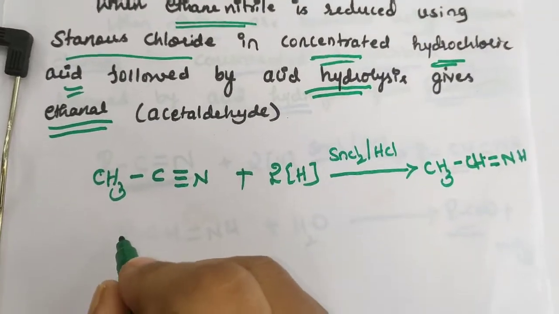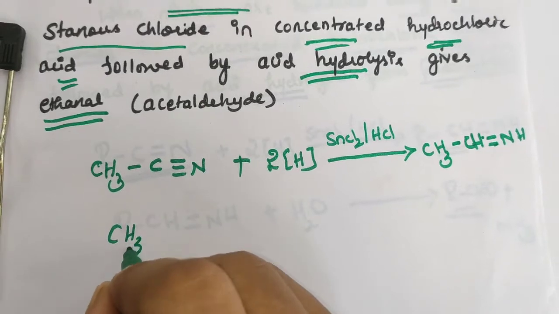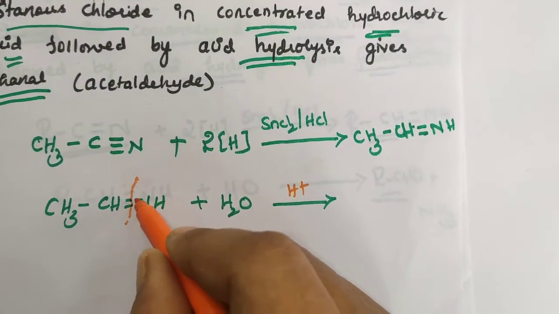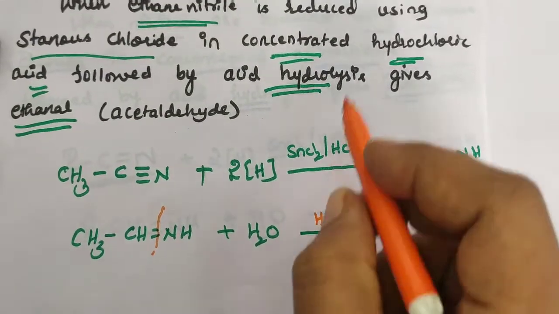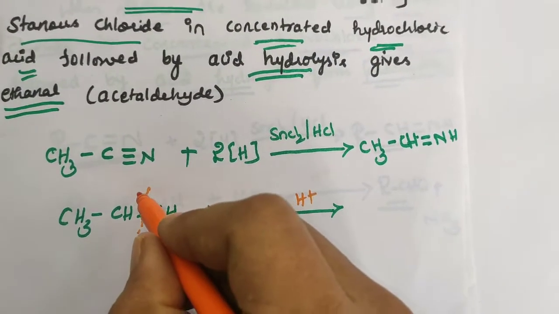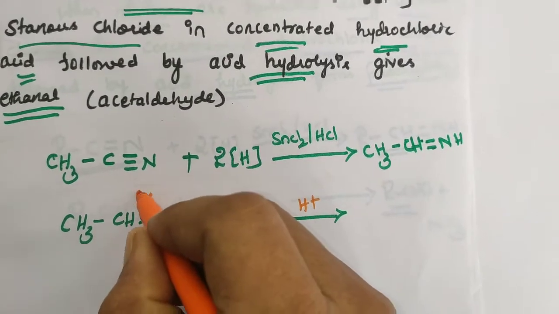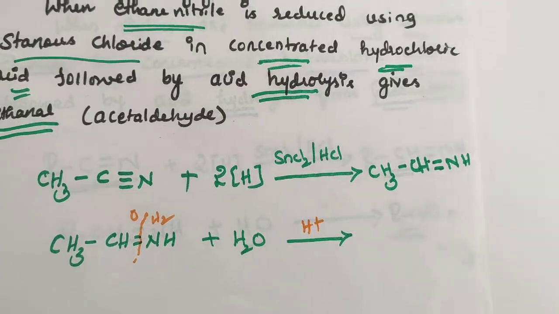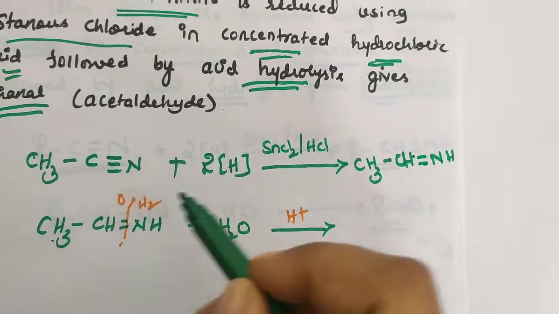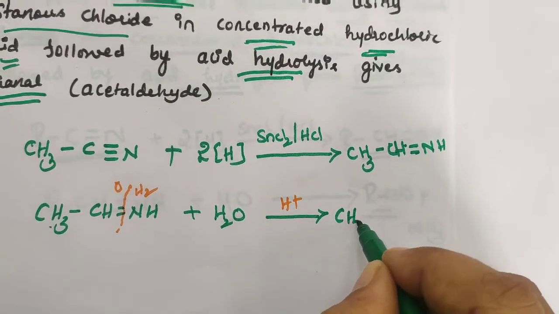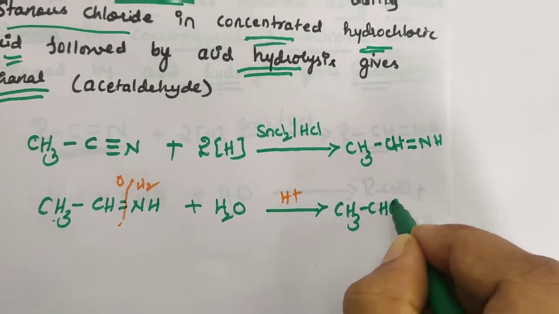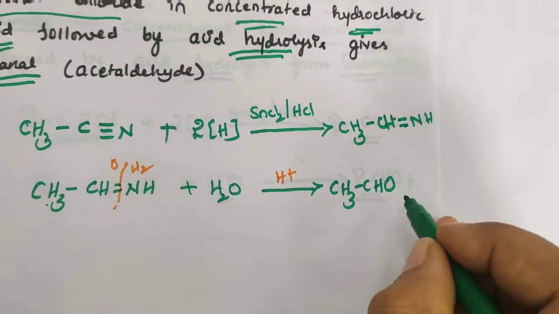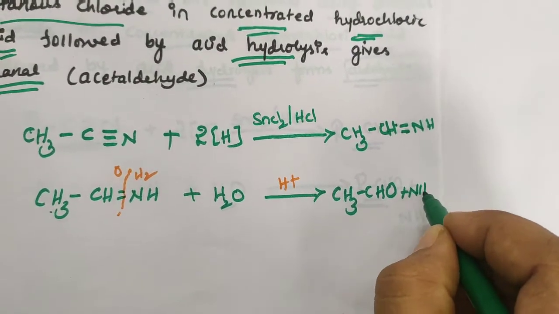To this intermediate product we add a water molecule, because we are applying acid hydrolysis. So the product we obtain here is CH3CHO, and the 2 hydrogen atoms are added to the NH, so it becomes NH3.